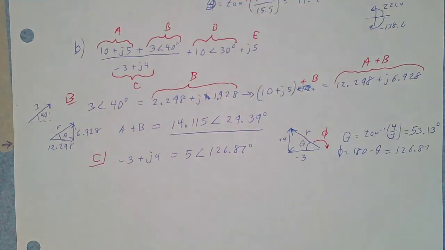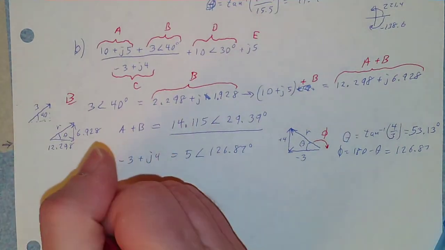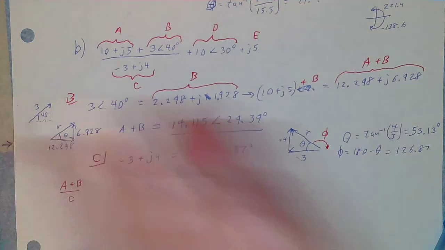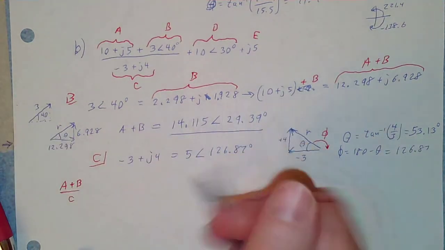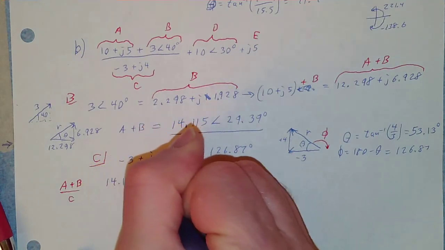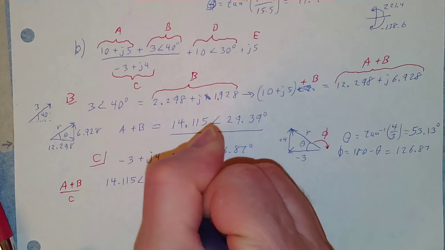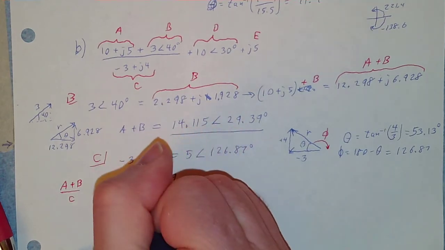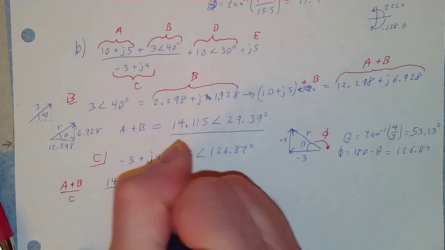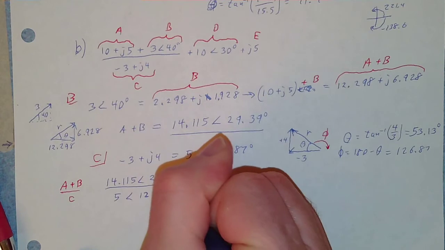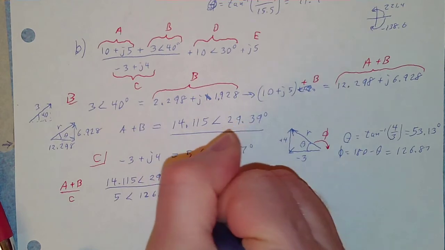So now let's look at A plus B over C. That is going to be 14.115 angle 29.39 degrees over 5 angle 126.87 degrees.